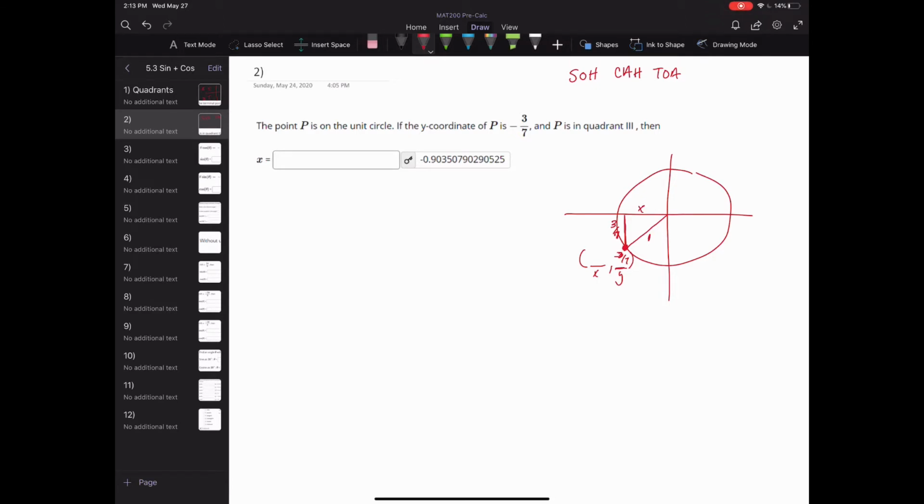Well, let's just use the Pythagorean theorem to figure that out. So x squared plus 3/7 squared is equal to 1 squared. And if you're wondering how come we didn't use a -3/7, that's because we can't have negative distance.